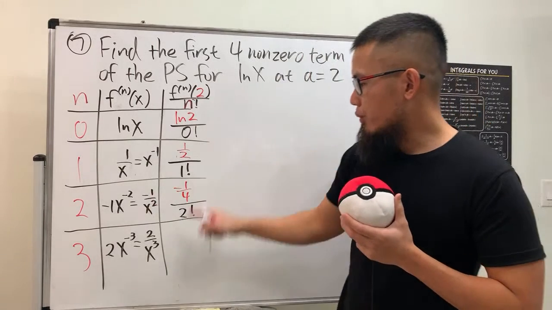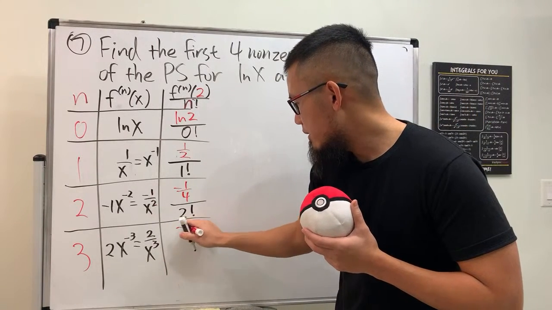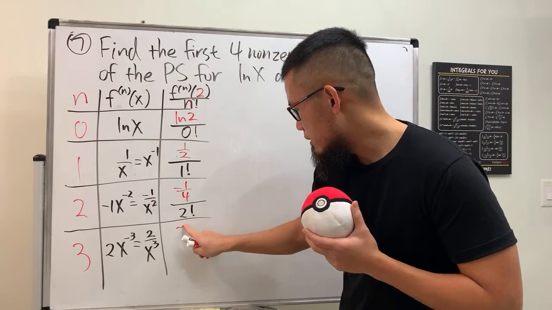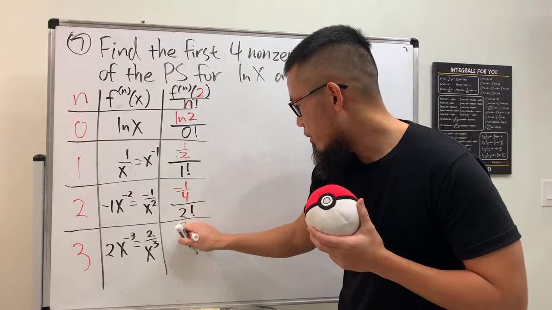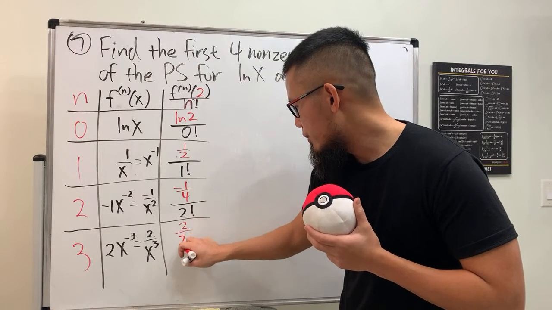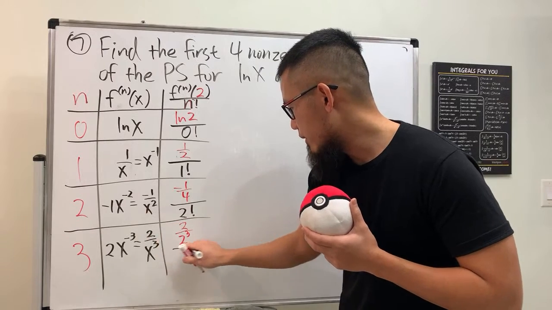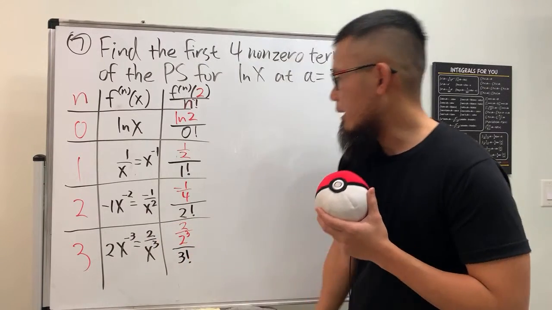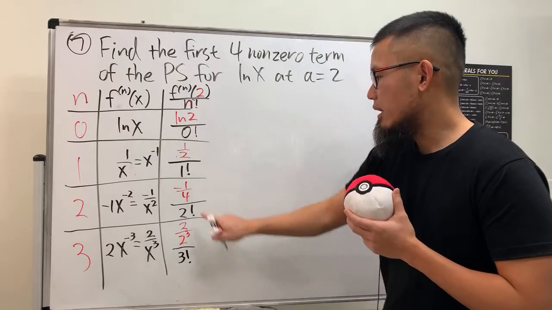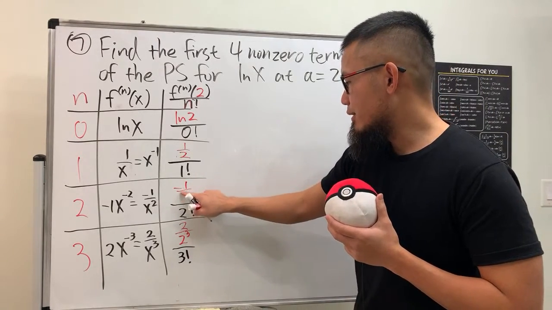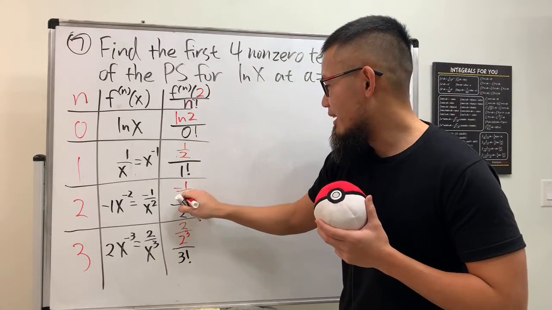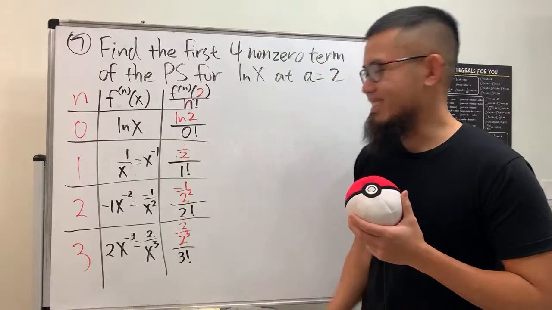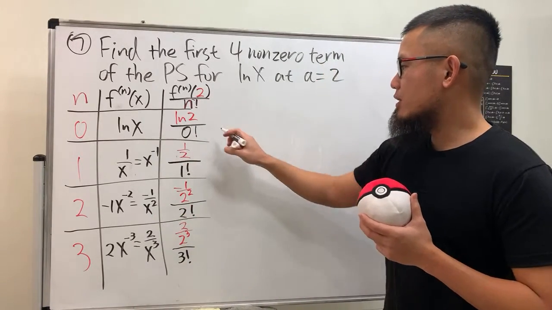And putting 2 here, we get 2 over 2 to the third power, divided by 3 factorial. Just to be consistent, I'm picky, I won't simplify the power. Then just simplify all this.